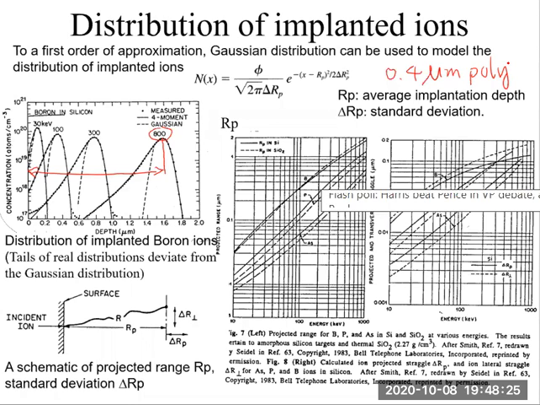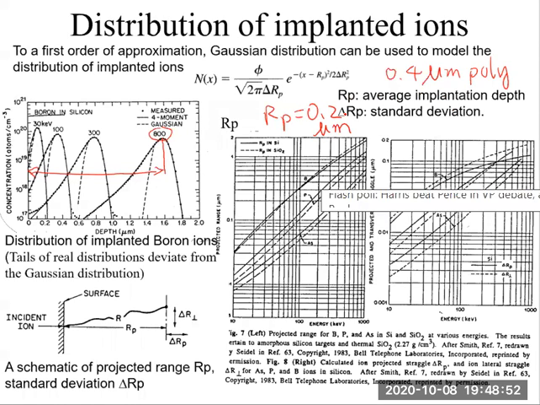The average implantation depth, Rp, should be half of the thickness. Namely, we want Rp to be 0.2 micrometer, right in the middle of the thin film.